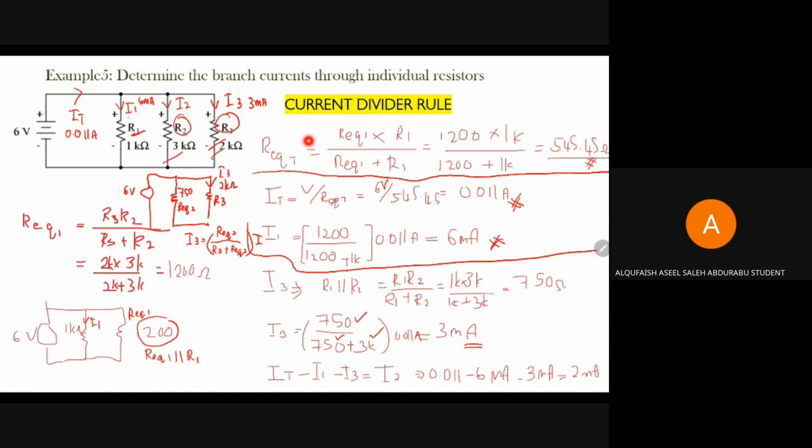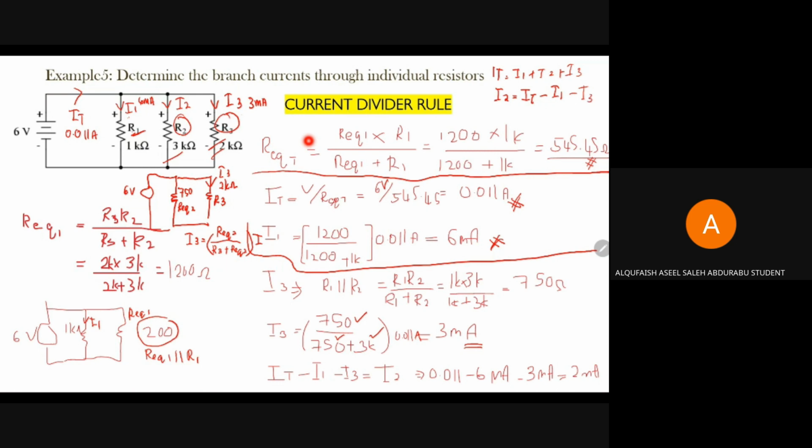Then you use total current in equals total current out. I total equals I1 plus I2 plus I3. If you want to get I2, it equals I total minus I1 minus I3.